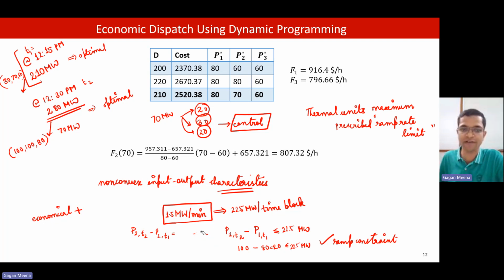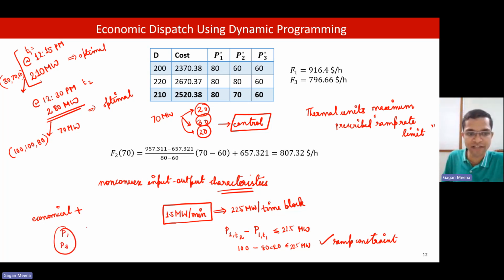However, this one will not be satisfied, even if we take a ramp limit of 1.5 megawatt per minute. For generators P1 and P3, the change delta P, which is Pi T2 minus Pi T1, is less than or equal to 30, because for both generators it is 20 megawatt, which is less than 22.5.